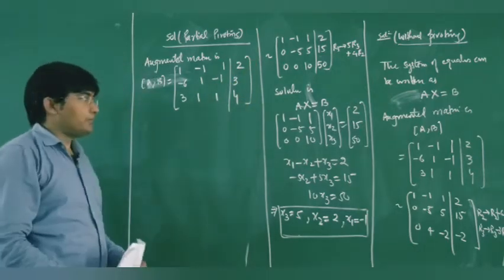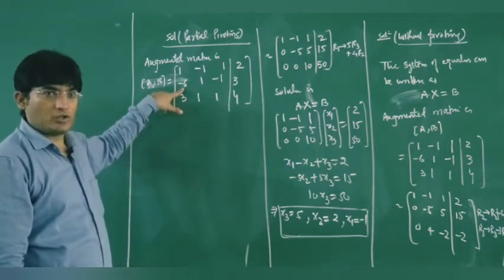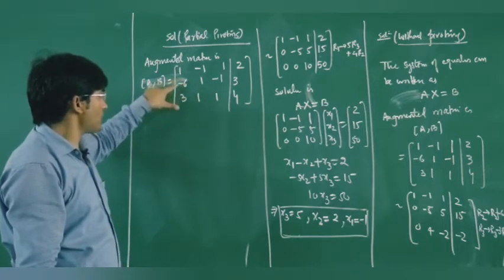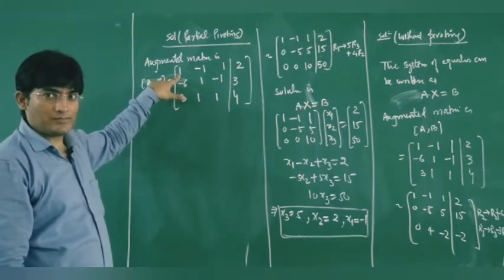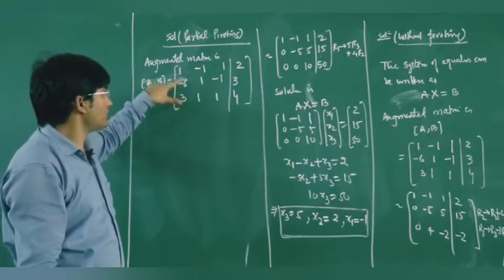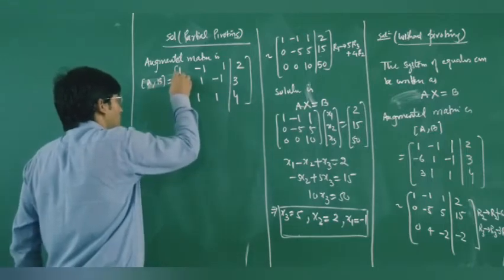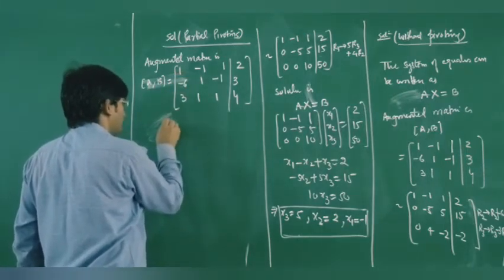Here you can see that our numerically largest value is this minus 6. So we will try to set this element at this place. So for that, let us interchange our R1 and R2. So here we have the numerically largest value minus 6. So let us interchange our R1 and R2.